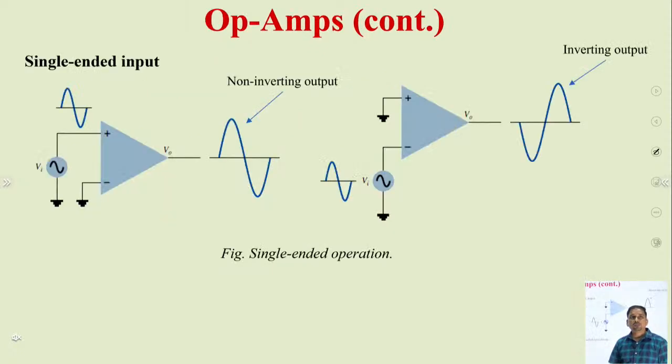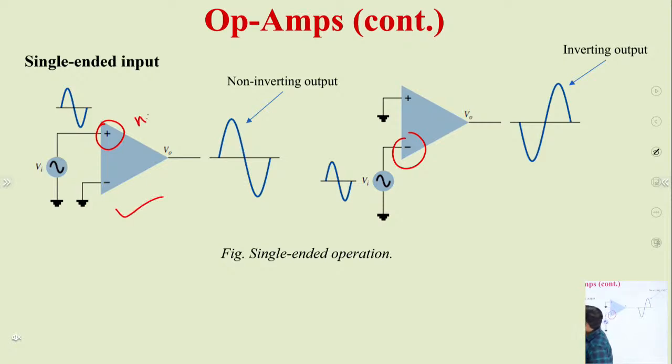Next, depending upon the inputs, if we are utilizing only the single input terminals, we can see in both the figures that in this first figure we are only utilizing the positive, which is called the non-inverting input of the operational amplifier.